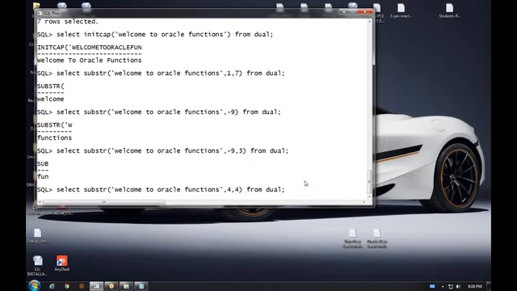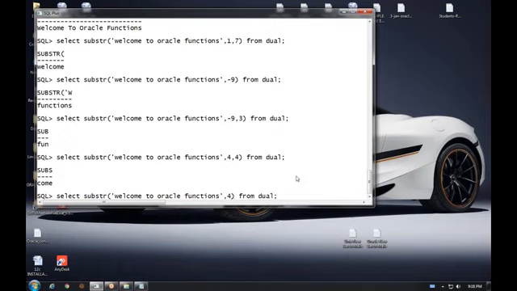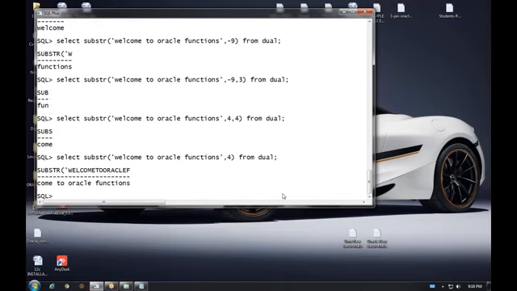Suppose if you remove this, from the beginning go to the fourth character, which is nothing but C, and I'm not writing how many next characters I need. If you don't write how many characters, by default the function will take from the fourth character until the end of the line. Hope you understand.